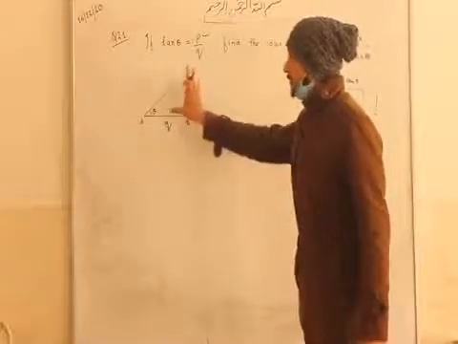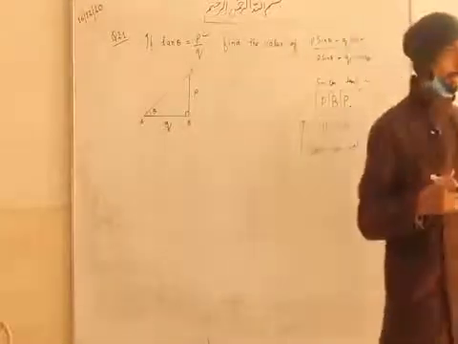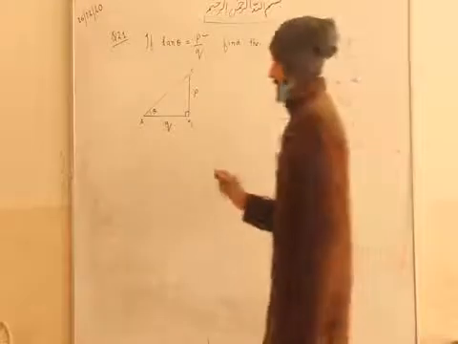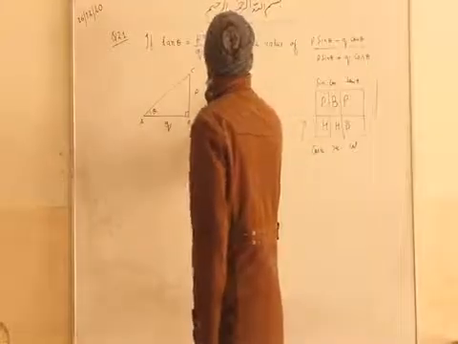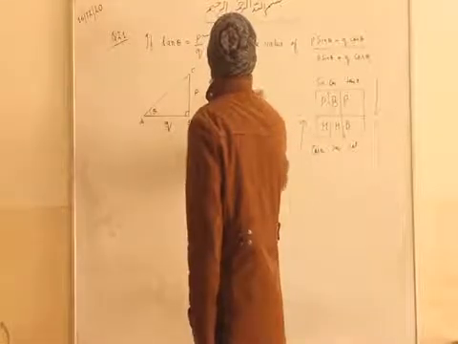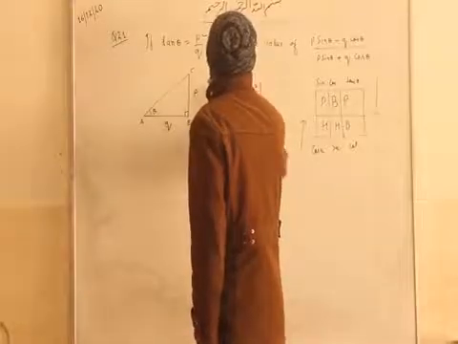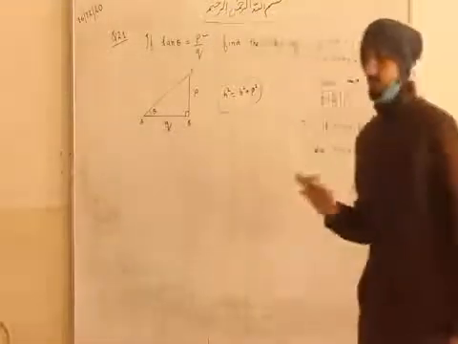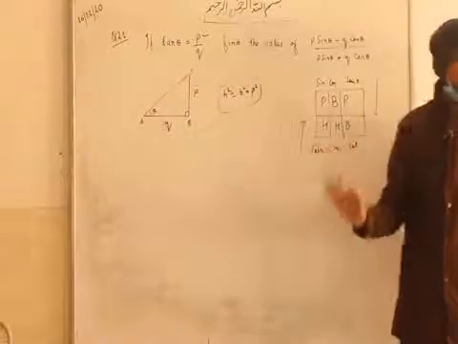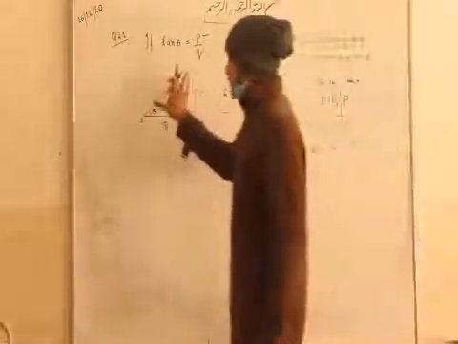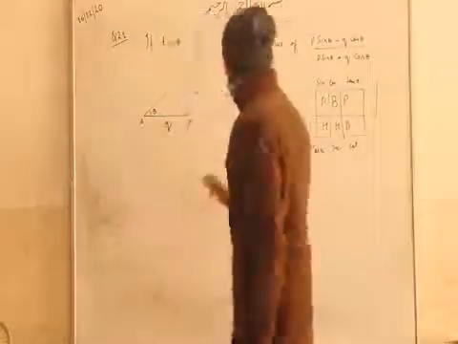Okay, so we have to find this third side with the help of the Pythagoras theorem that I told you. Pythagoras theorem: hypotenuse square is equals to base square plus perpendicular square. Okay, these are the very basic things. So with the help of this, we will find the value of AC.